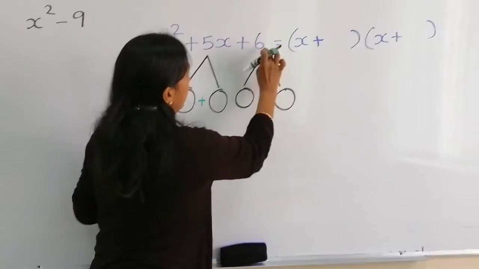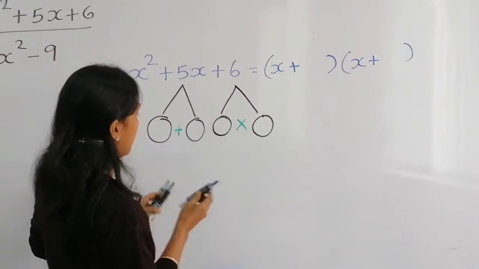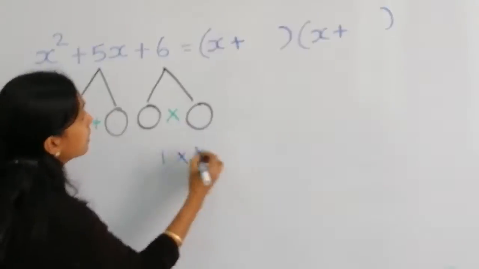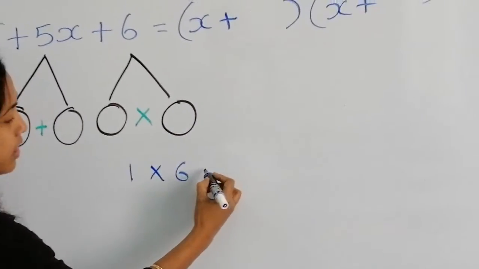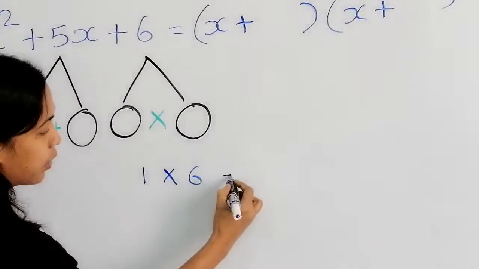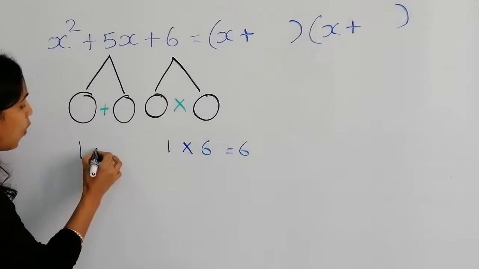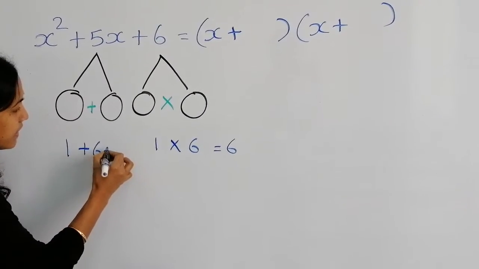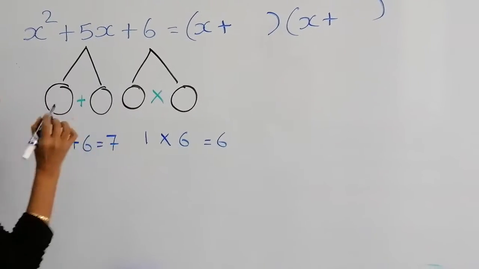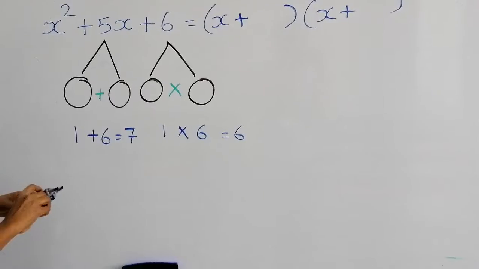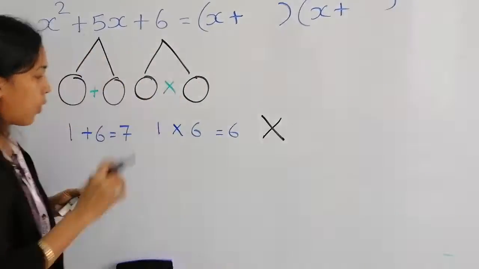Here, the numbers, let's try. If I take 1 and 6, 1 times 6 is equal to 6. But when I add 1 and 6, I get the answer 7. But here we need 5. So this answer is wrong.